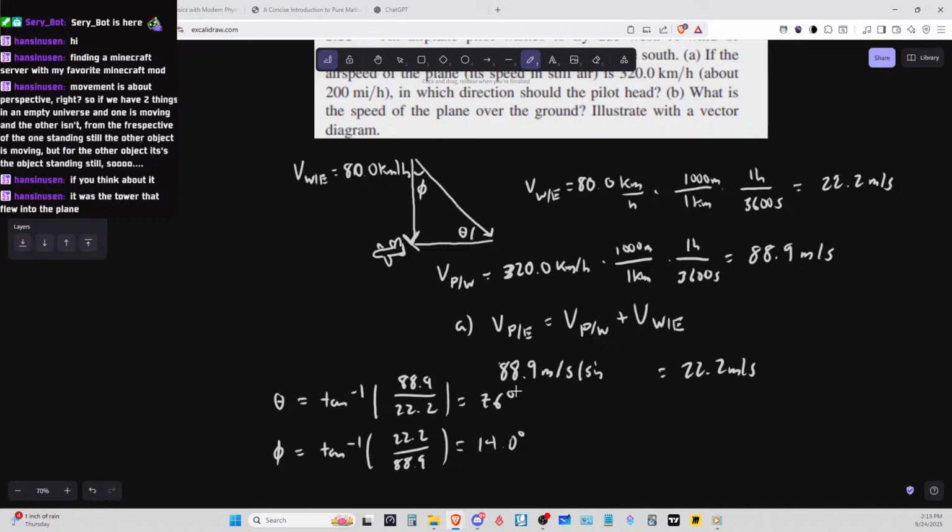Actually, let's just make this 14 degrees, because it's like 14.0. Now, the thing is, which angle should we pick?